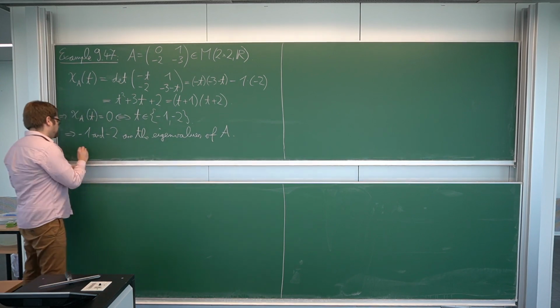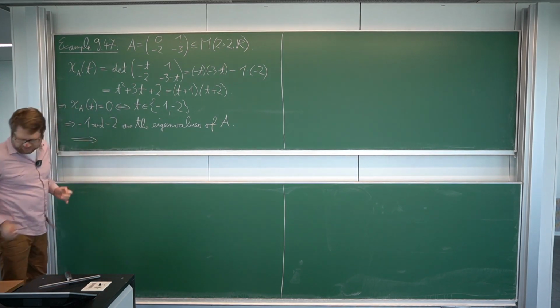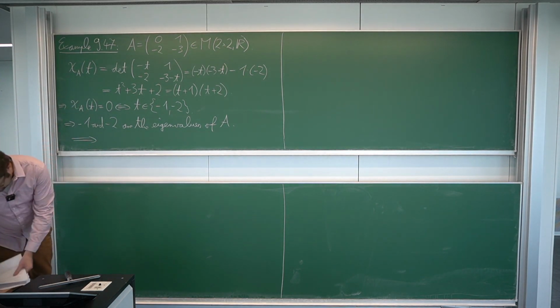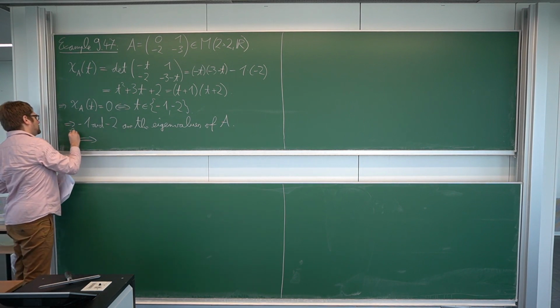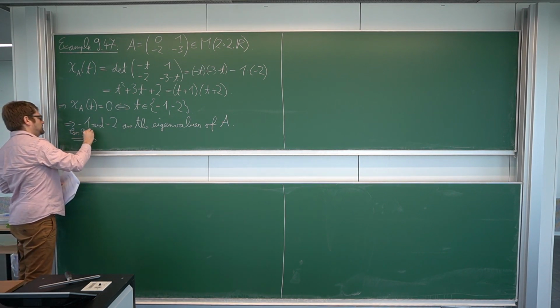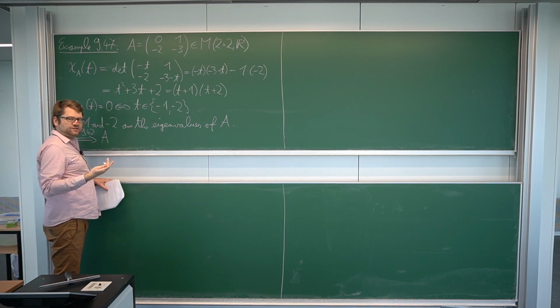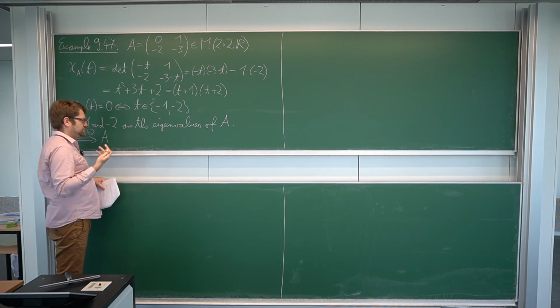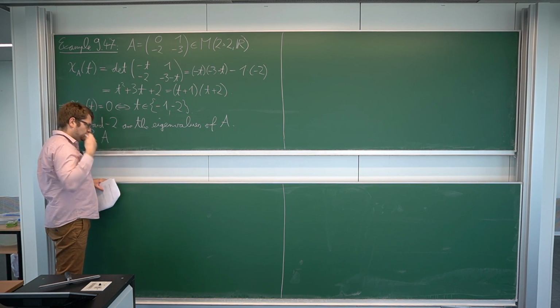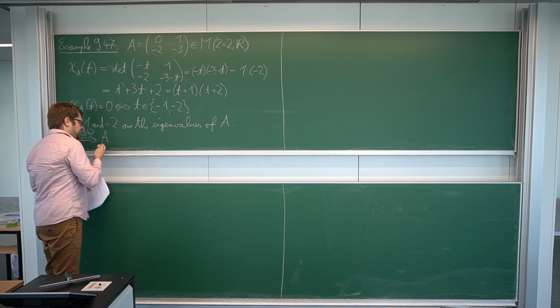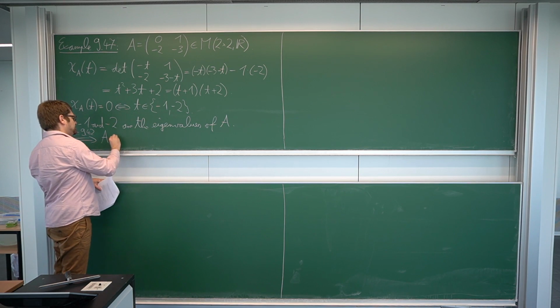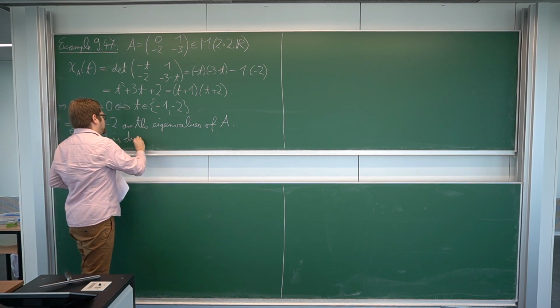That was Corollary 942. This means FA is diagonalizable, and as mentioned in the previous remark, A is diagonalizable if and only if the map is, so A is diagonalizable.